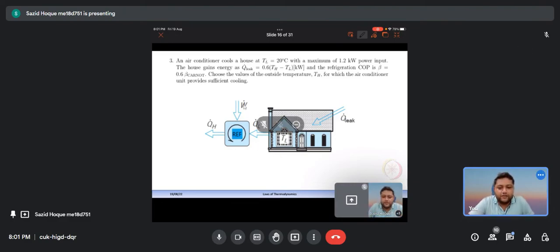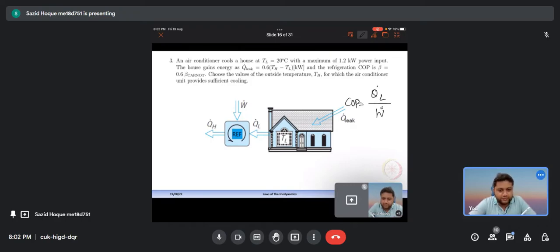Because we have this refrigeration system in our household refrigerator. Also we want to keep the inside at some temperature which is lower compared to the outside. So what is important there is that the output is Q dot L. So if you talk about refrigeration COP, it should be output by input. Input is W dot.